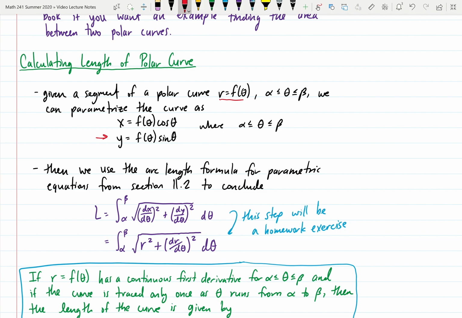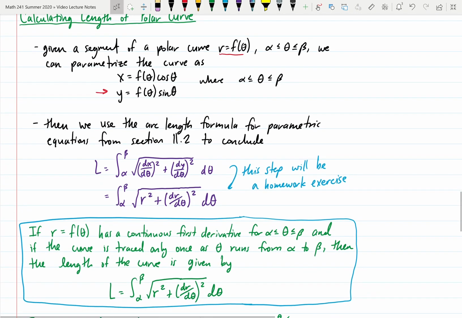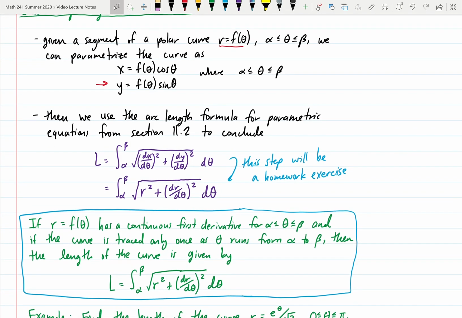And then we can just use the arc length formula for parametric equations that you should know from Calc 2. If you don't know it offhand, then I would go back to section 11.2 and look at it. But immediately from the arc length formula for parametric equations, we conclude that the arc length of our polar curve is equal to the integral from alpha to beta of the square root of (dx/d theta) squared plus (dy/d theta) squared d theta.